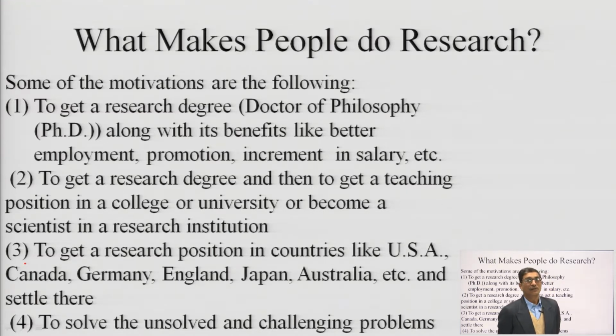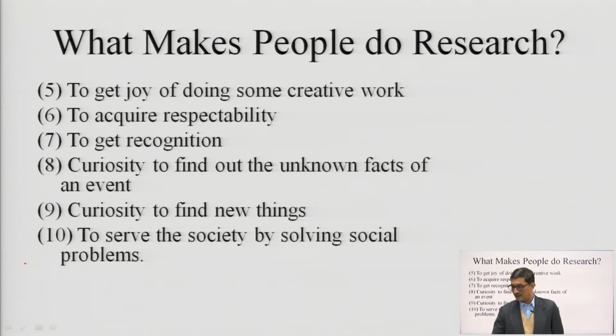Some people want to solve unsolved and challenging problems, so they do research. Another motivating point is to get the joy of doing some creative work. Some people are interested in creative work, so they go into the research field.